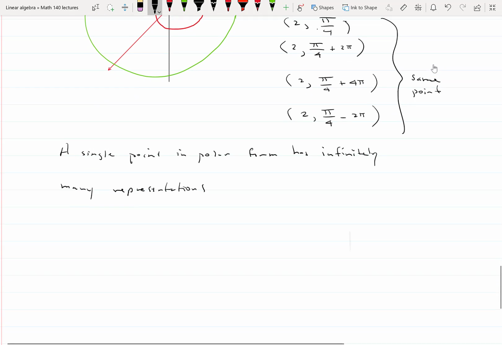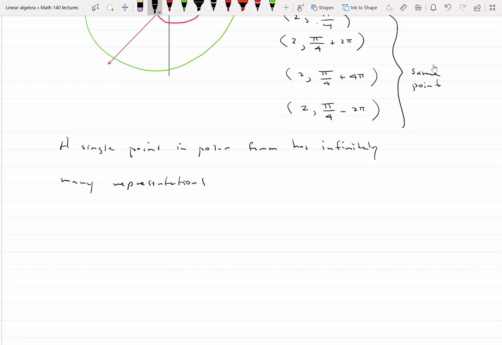So in fact, the ordered pairs (2, pi over 4 plus 2k pi) are all, I have to be careful how I say this, representations of the point 2 and pi over 4.